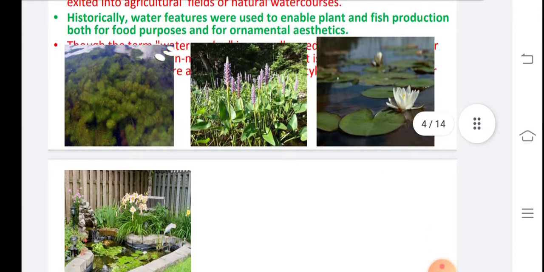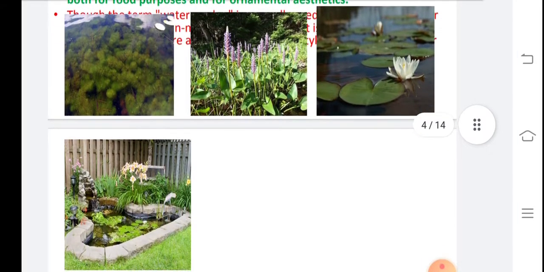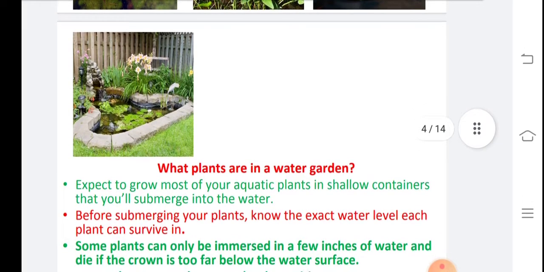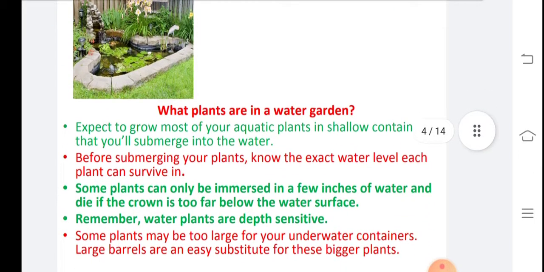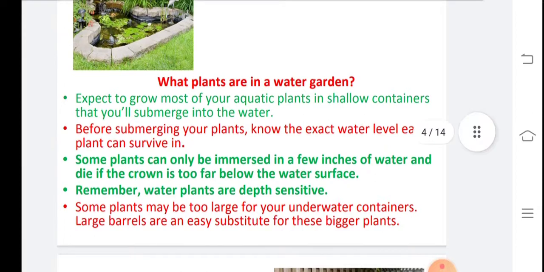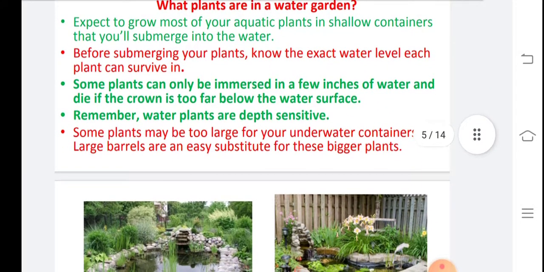Here you see these good 3 photographs of aquatic plants and how they are prepared. Then, which plants are in the water garden? In relation to the garden, we have to consider the aquatic plants, submerged plants and floating plants, and we have to remember the depth of the plant.